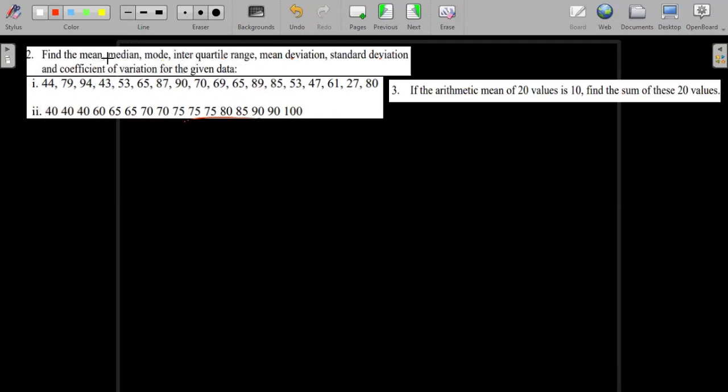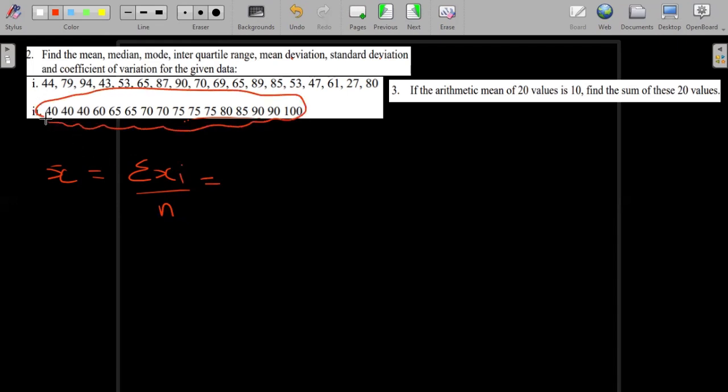So let's first of all find the mean. The mean is represented by x bar, and it is equal to the summation of all the xi's divided by how many there are, which is n. This xi simply means these values that we can see in this data set that we've picked. Summation means we are adding all of them.